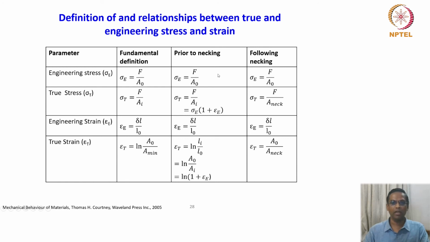But after necking, these relationships have to be looked at differently, because all these relations are valid only until the maximum load, prior to necking. After necking, we can use only these kinds of relations; we cannot use the same relations. So that is one advantage. We can refer to this table and understand which relations are valid before necking and after necking.